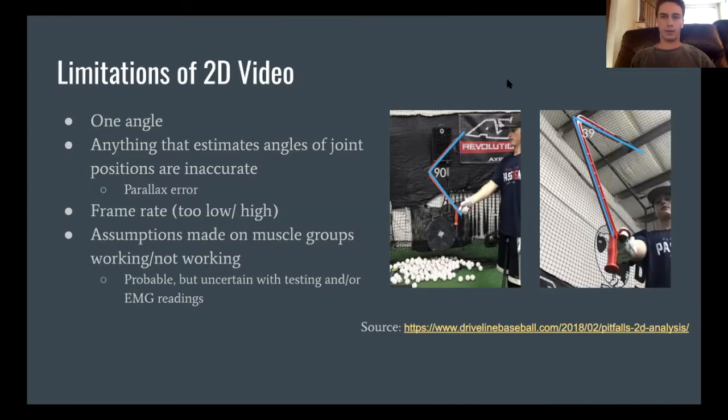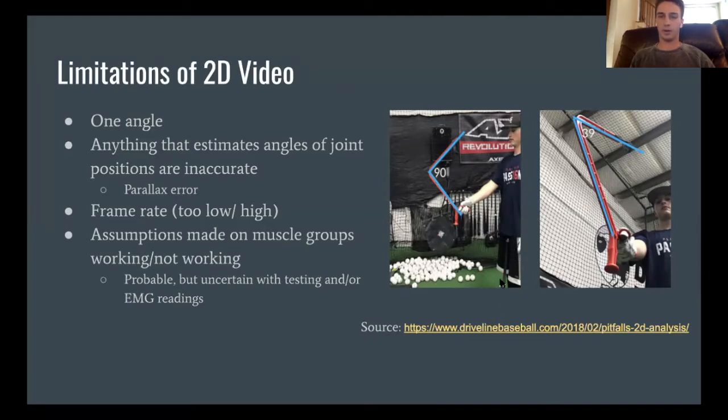Another thing that you'll see that's common on some YouTube biomechanics breakdowns is something that uses angles to assign to certain movements. Those can be largely inaccurate and not representative of what's actually going on because it depends on the angle that the camera is at. This is from Driveline.